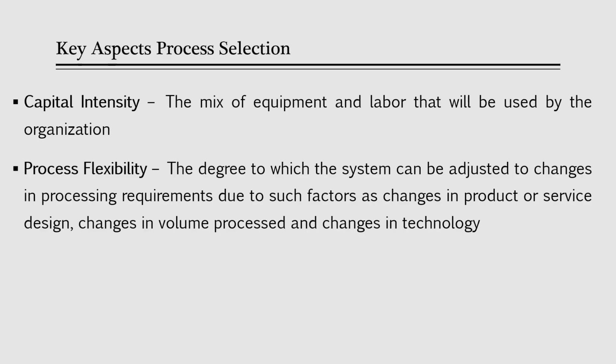Sometimes it may be silk material, it may be cotton material, it may be wool material. Depending on the material, they are going to use different types of needles and different methods of cutting. At the same time, different types of stitching. So process flexibility is more needed when it comes to project and job shop, and less process flexibility is needed when you are doing mass production and continuous production.